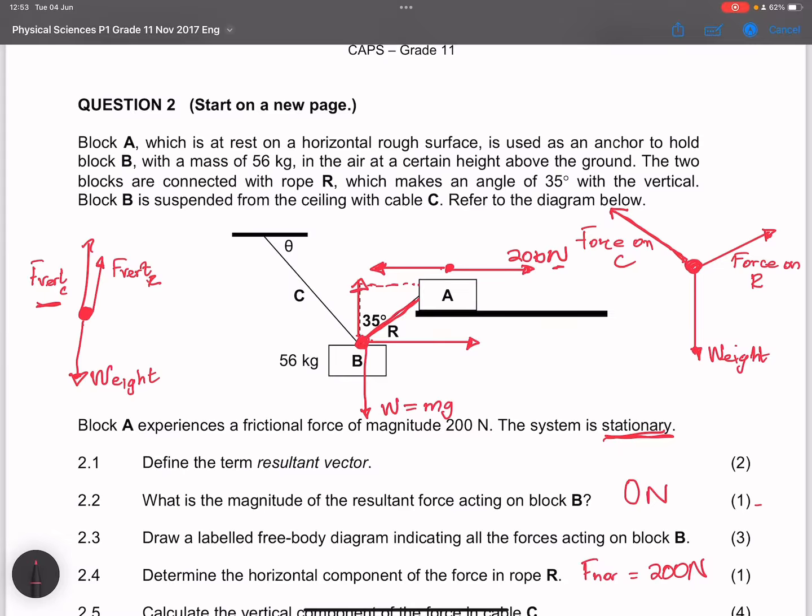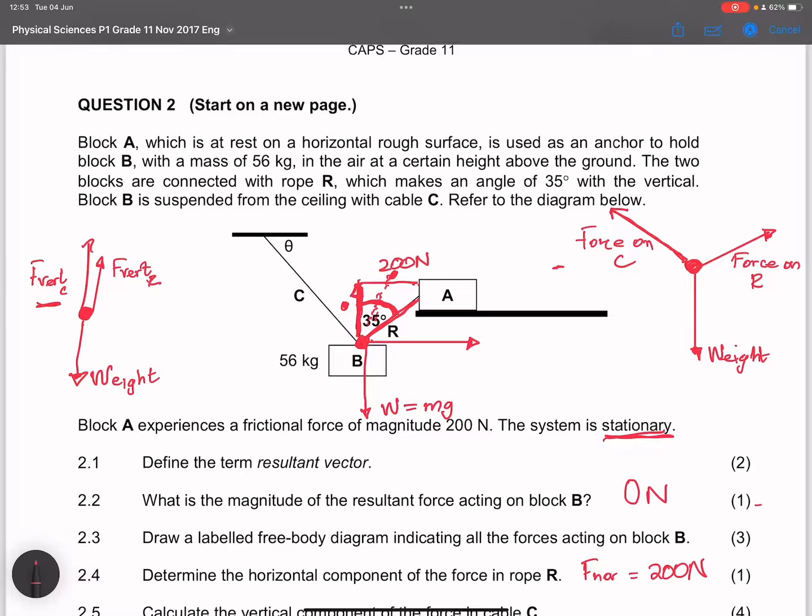Okay, now note, what do we notice? We had the angle of 35 degrees, and we knew the horizontal component of the force. We know it is 200 newtons, but I'm looking for the vertical component. So which angle am I going to use? Well, the tan of 35 would be opposite over adjacent, because I'm looking for the vertical component.